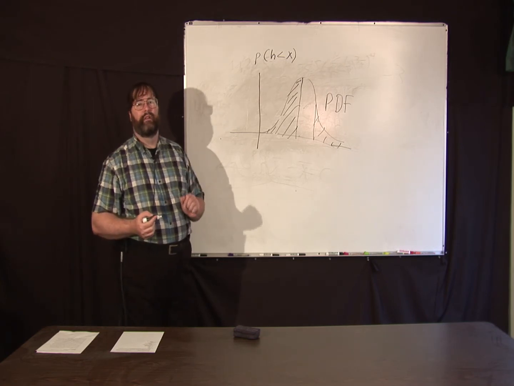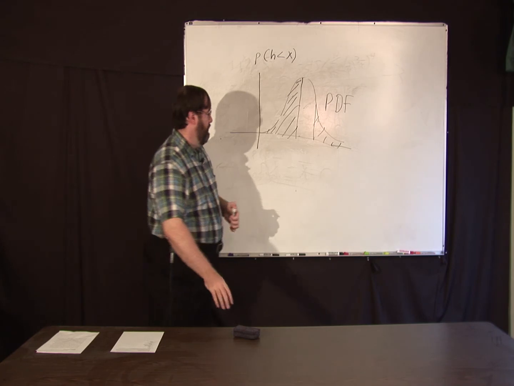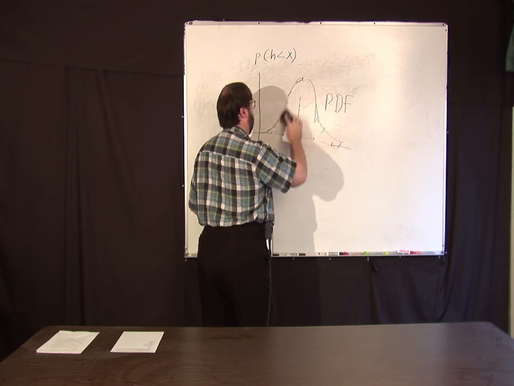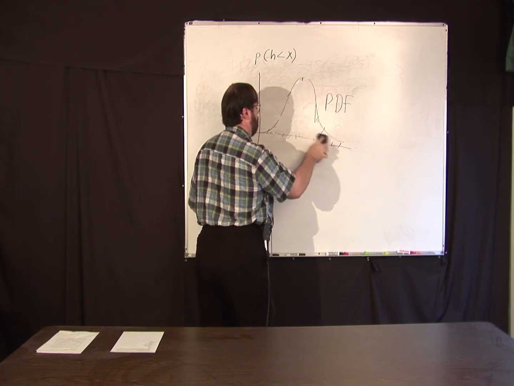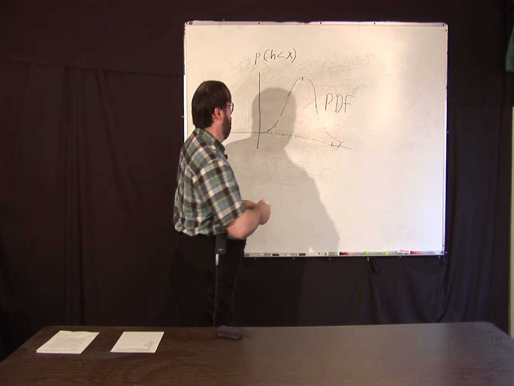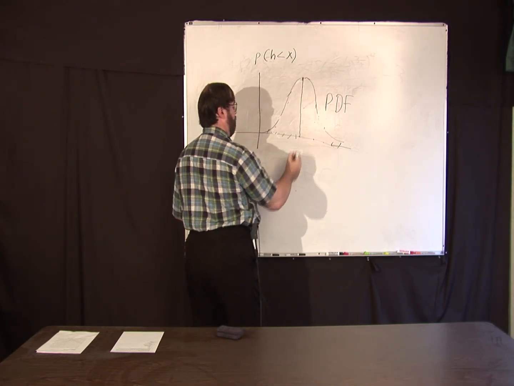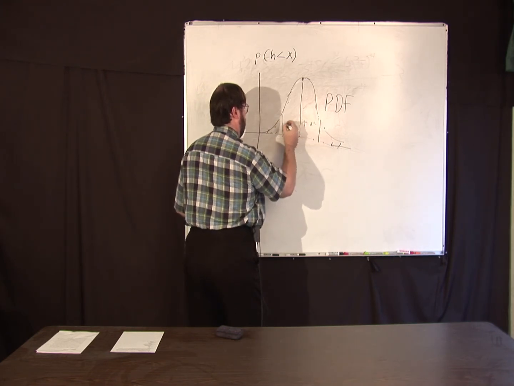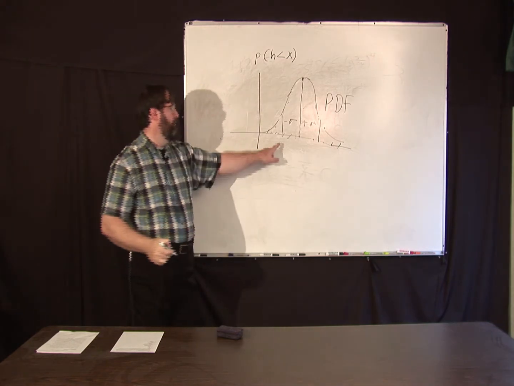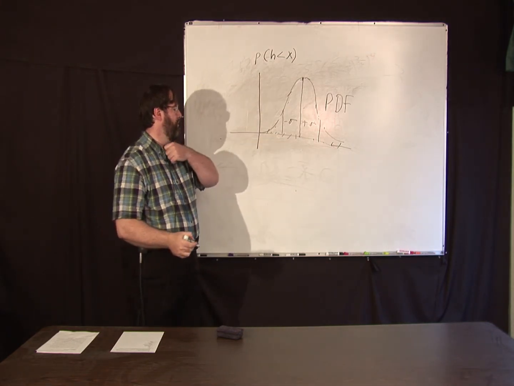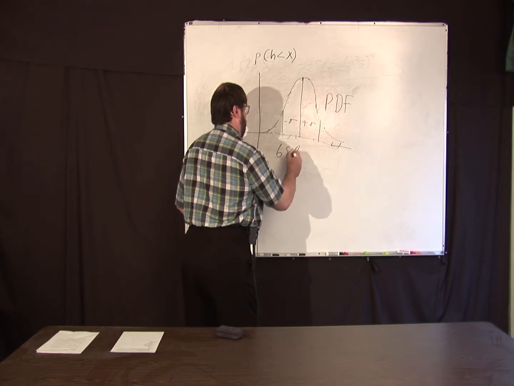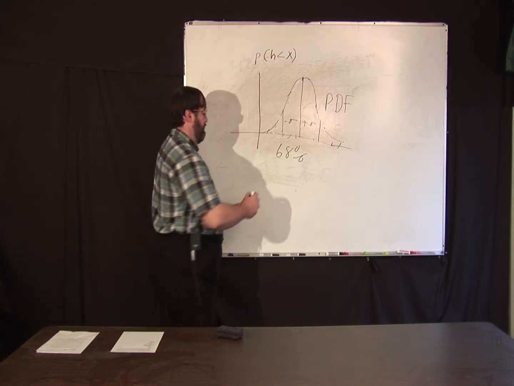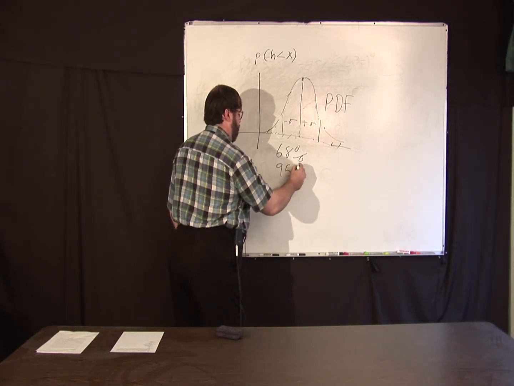It turns out that for the normal distribution, and we'll talk about what exactly that is next time, if you take the mean value, assuming it's symmetric, and you look at plus or minus 1 sigma from the mean value, for a normal distribution this corresponds to 68% of the values you'll measure being within 1 sigma. 2 sigma, it'll be like 95%.